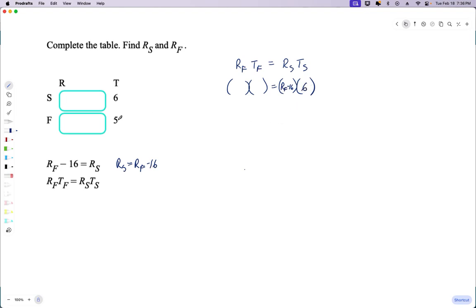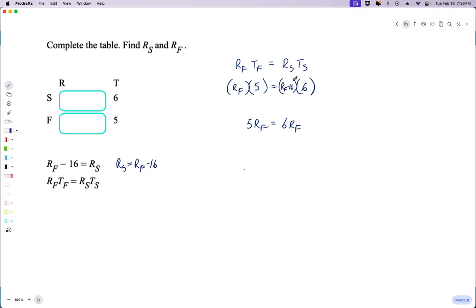And TF is equal to 5. We don't know what RF is, so we just leave it alone. We put it back in there. We multiply 5RF. And then we say 6 times RF is 6RF.